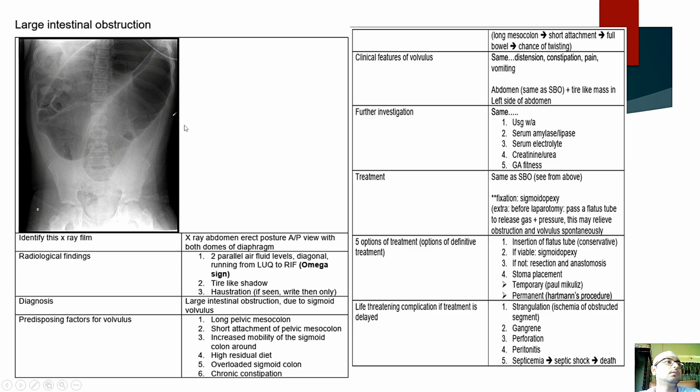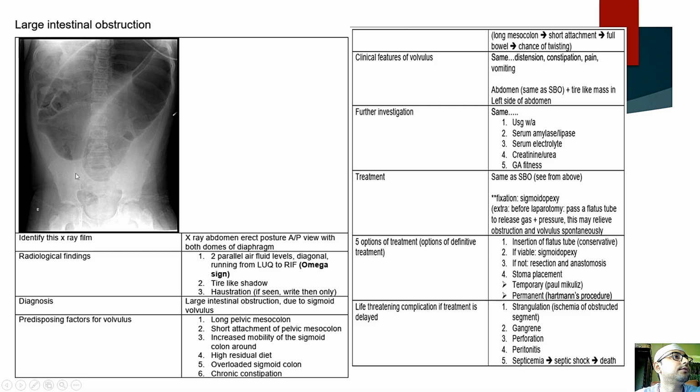So this is another one. You can see the central portion of the X-ray is the abdomen. This is a plain X-ray of the abdomen. Anteroposterior view showing a huge dilated portion of the gut, a tire-like shadow present from the central to the periphery of the abdomen. It is like the coffee bean sign or omega sign.